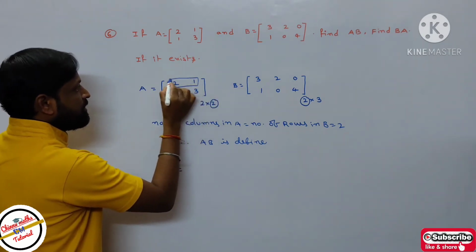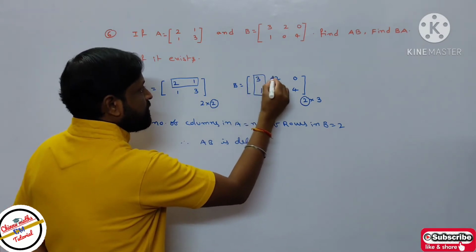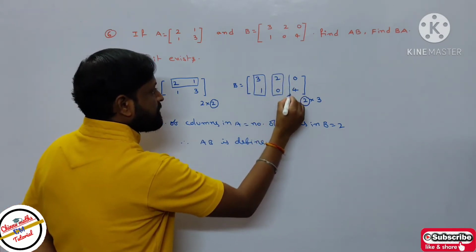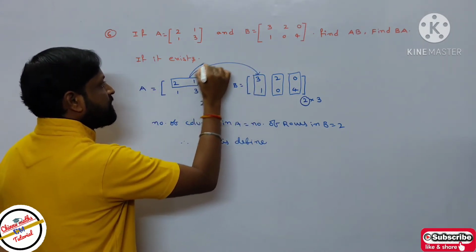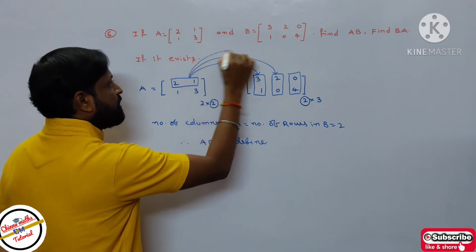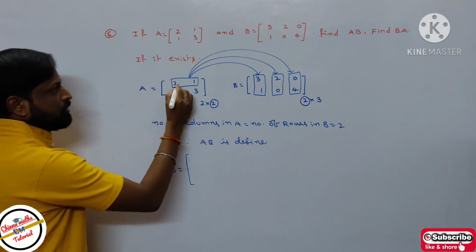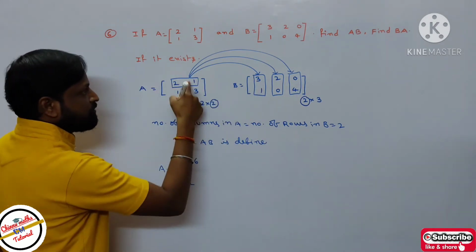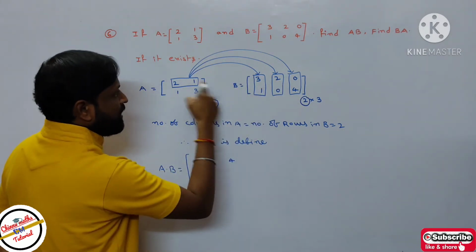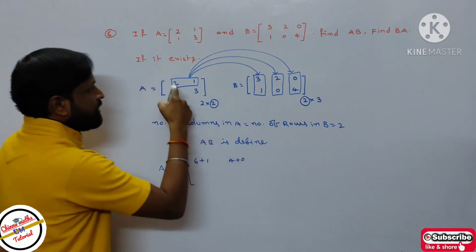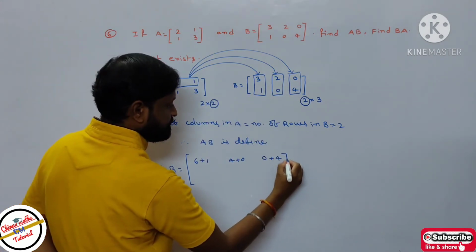Take the first row and multiply to all columns of the second matrix: R1 C1, R1 C2 and R1 C3. So then you can write 2 into 3, 6 plus 1 into 1, plus 1, then 2 into 2, 4, 1 into 0 plus 0, then 2 into 0, 0 plus 1 into 4, plus 4.